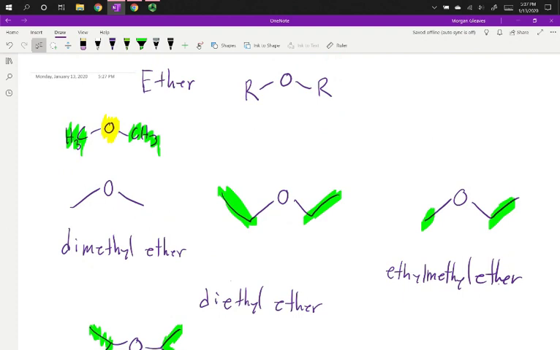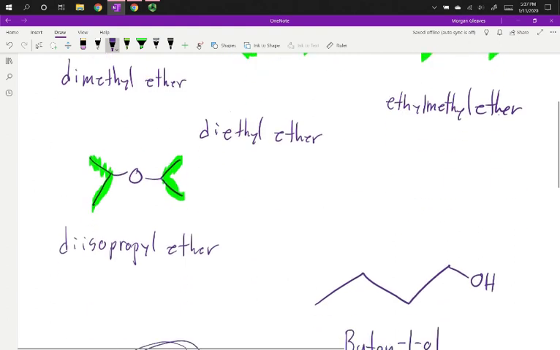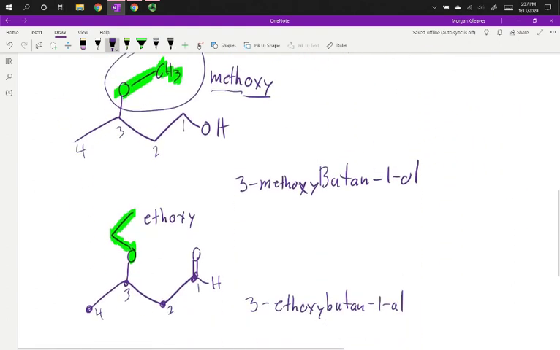Recognizing when they exist is important, that it is 2 separate R groups attached to your oxygen. But the key new introduction for naming here is actually them as a subgroup. So much like a methyl or an ethyl, ethers can be subgroups as well.